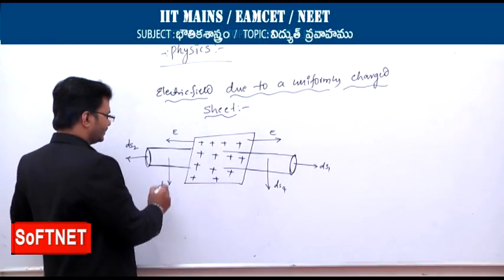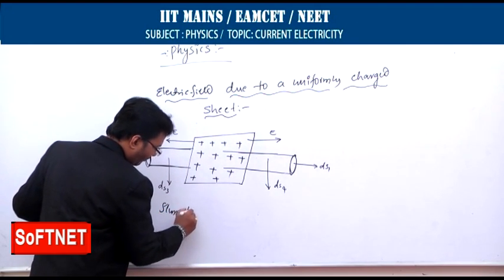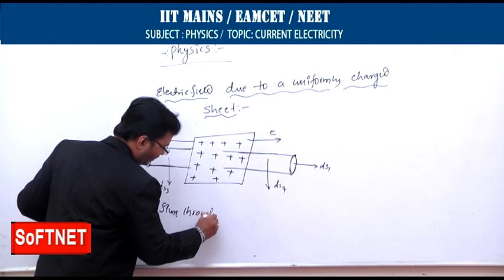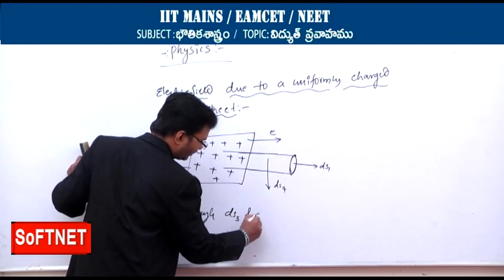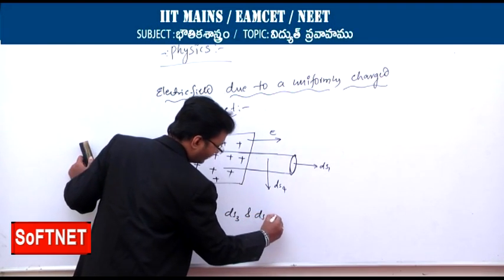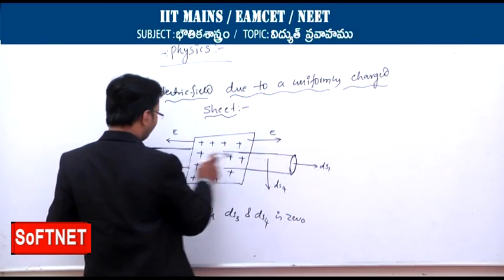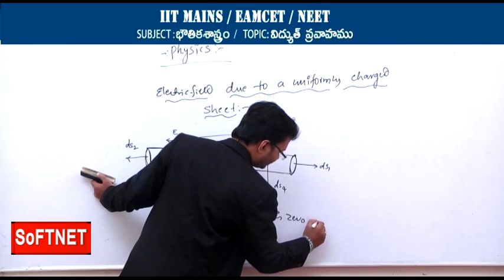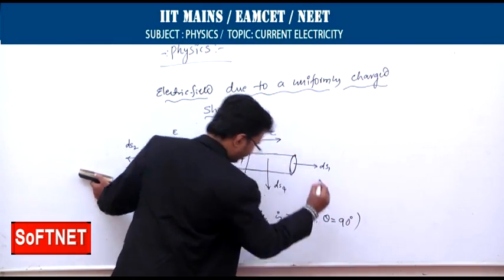By solving this, the flux through ds3 and ds4 is 0 because theta equals 90 degrees.